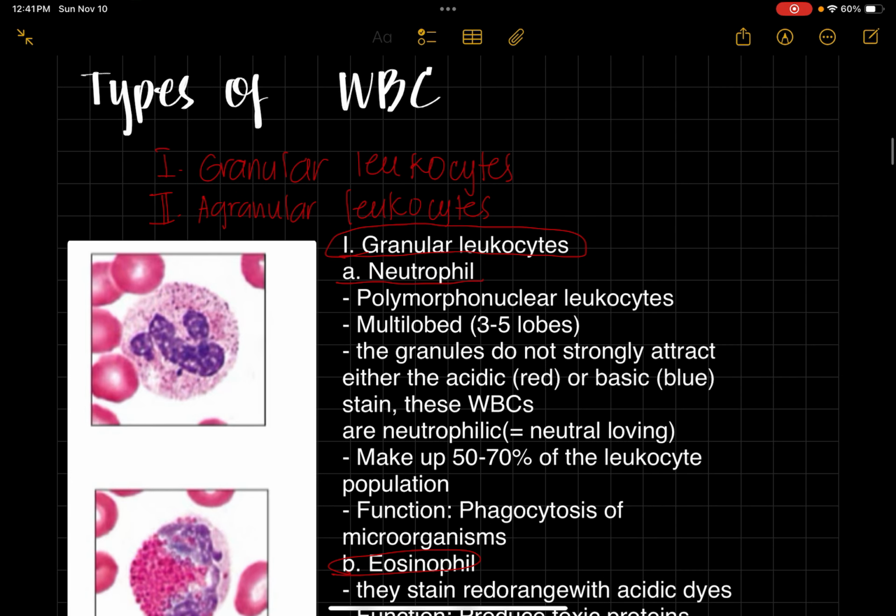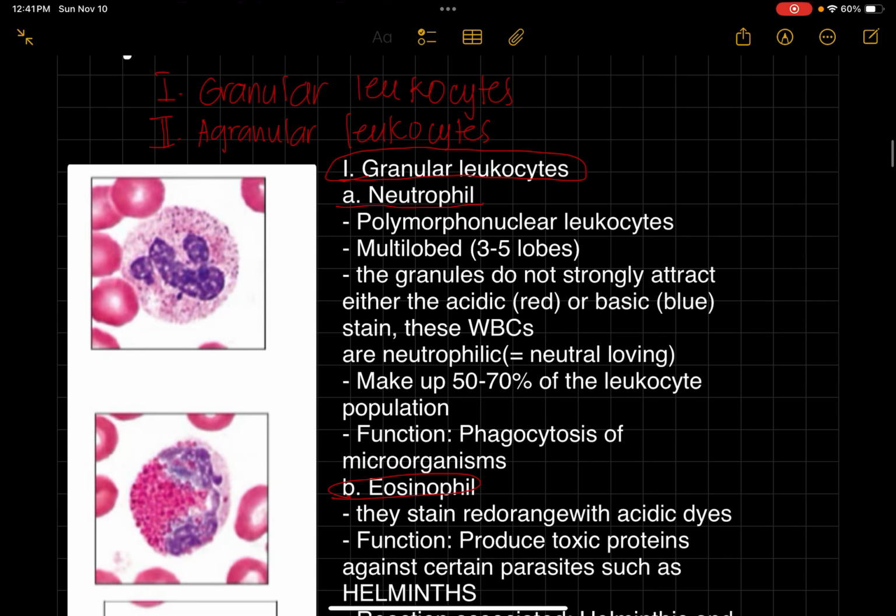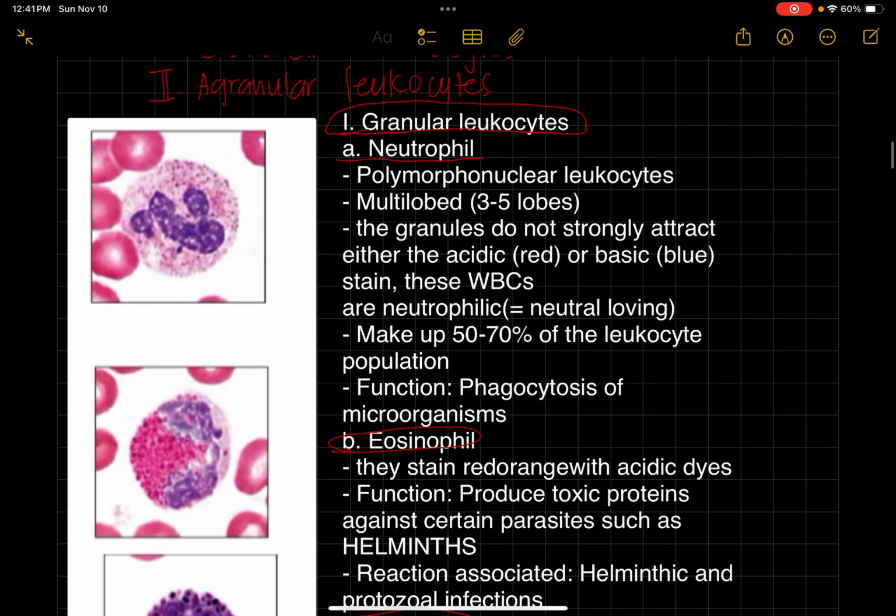We have granular leukocytes and agranular. And I think na-discuss na ni sa inyo sa anatomy nyo. Let's just go over. Granular leukocytes, neutrophil, polymorphonuclear leukocytes, multi-lobed, 3 to 5 lobes, and granules do not strongly attract either the acidic or basic stain.